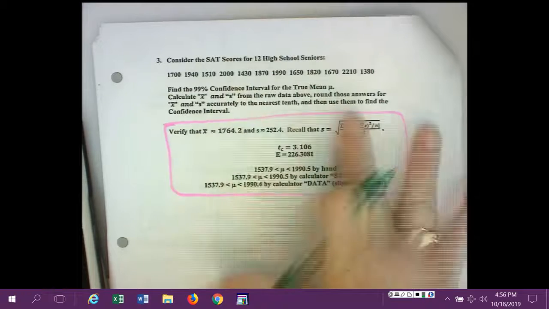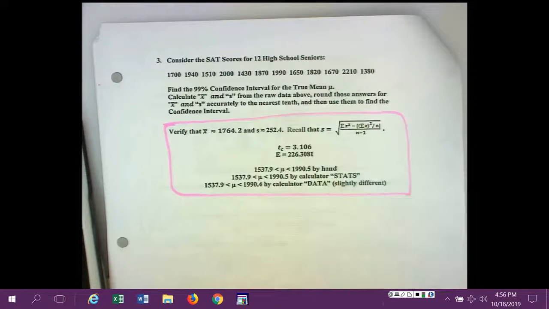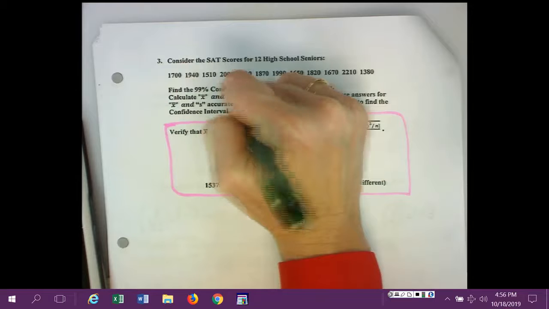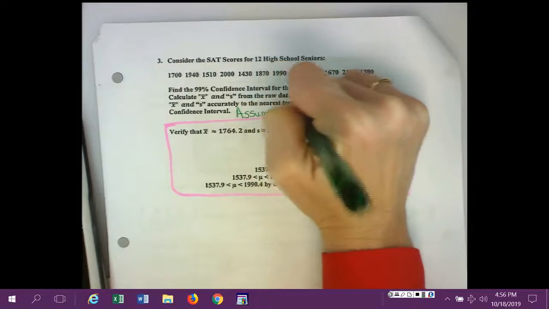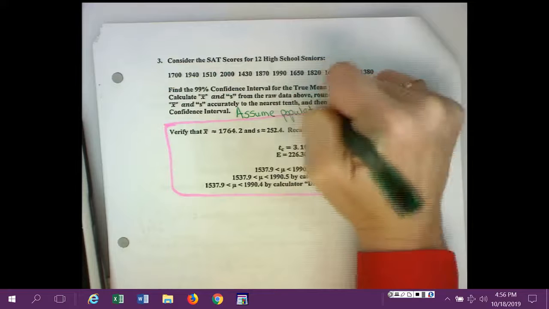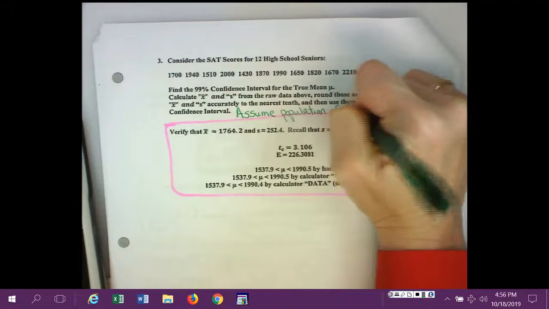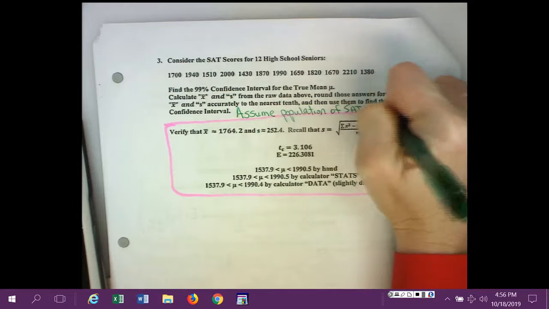You will need to make this correction, and it's a correction made by Miss Manhart. You will add the statement, assume the population of SAT scores is normal.